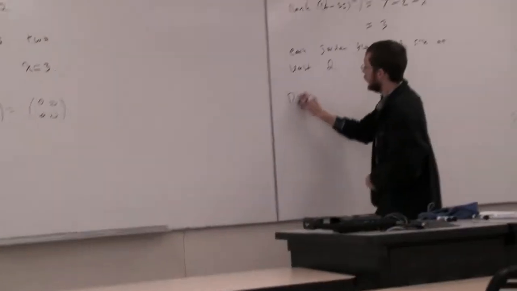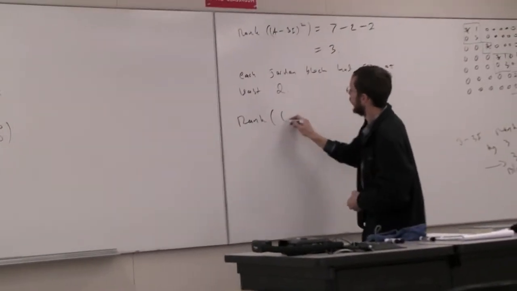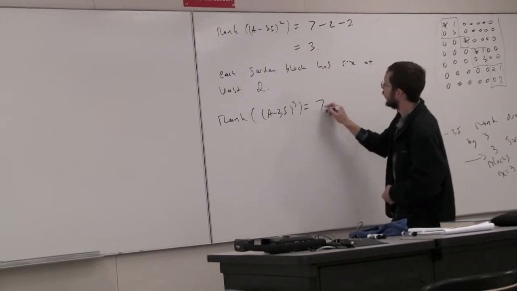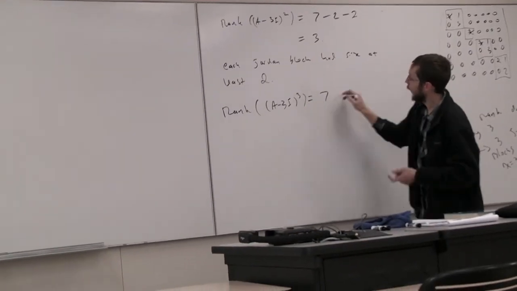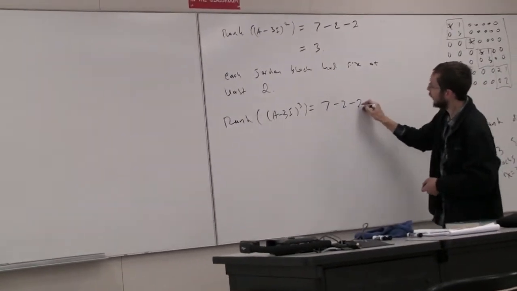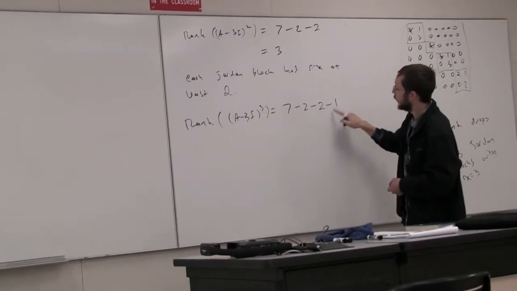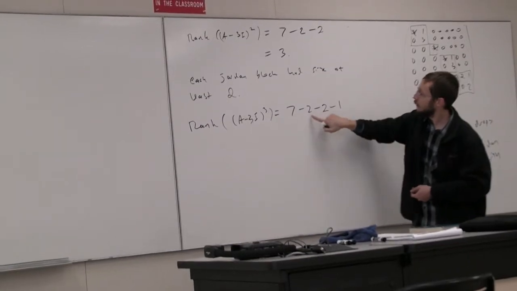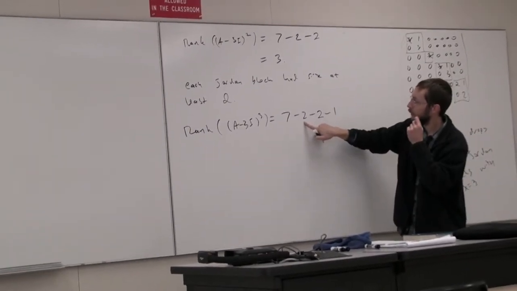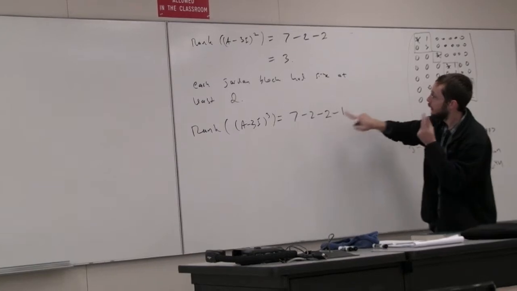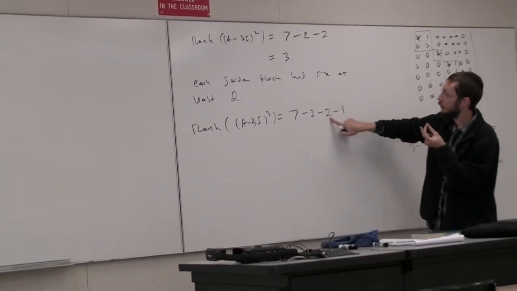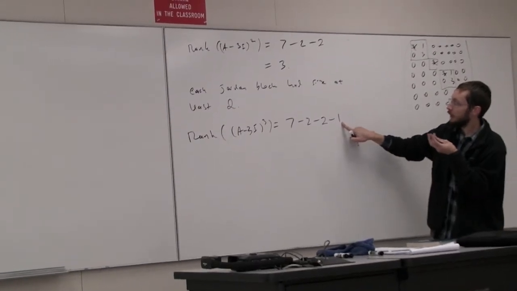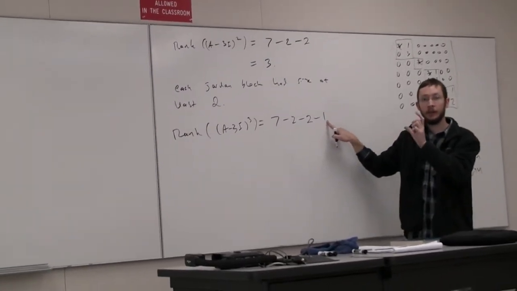So the rank of A minus 3I cubed is going to be started out as rank 7. The first power dropped us by rank 2. The next power dropped us by rank 2. The next power after that only dropped us by rank 1. So that says there's 2 Jordan blocks with eigenvalue 3. This one says they all have size at least 2, but when this one dropped by a rank of only 1, that said that one of those Jordan blocks has already died.